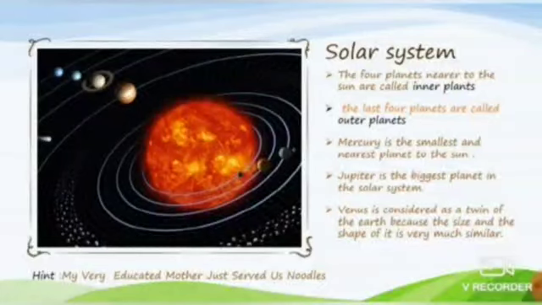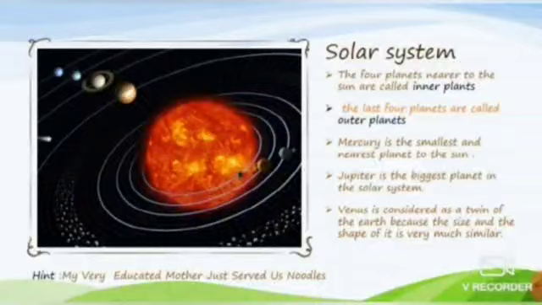The last 4 planets are called outer planets. Those are Jupiter, Saturn, Uranus, and Neptune. They are large and made up of gases and liquids.